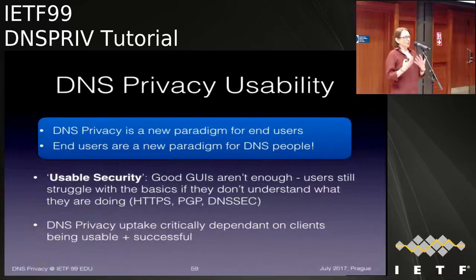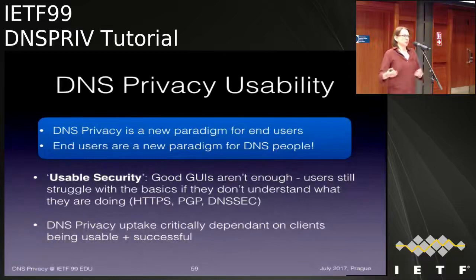To make this succeed, what's come out of the HTTPS world, and not just that world, but all the studies into things like trying to make email encryption easy, a whole variety of different places, is you have to have something called usable security, which means that a really nice, good UI isn't good enough, because users, if they don't understand what they're doing, can still make huge mistakes, even with the best of intentions.